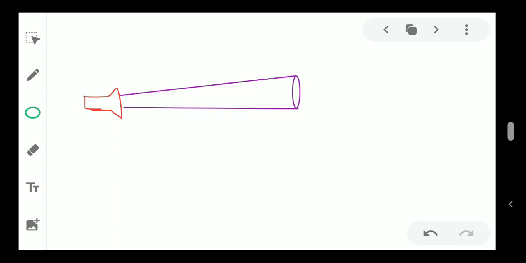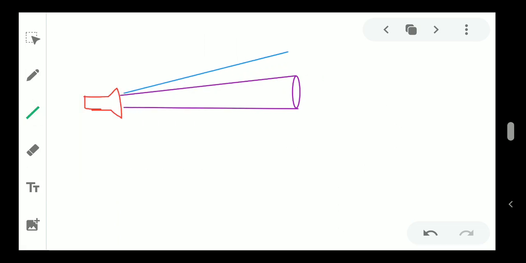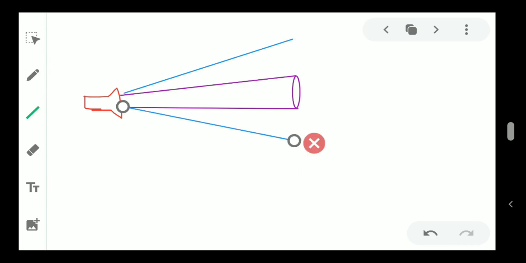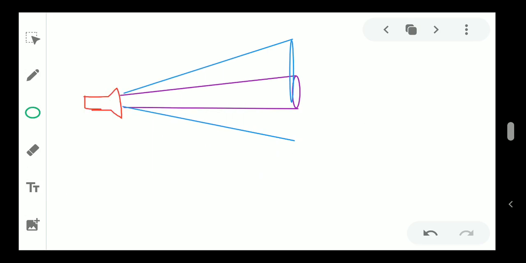But if I want a bigger exposure like this, then also I can do it. So this is a torch where you can control how much place you want to illuminate with my light beam.